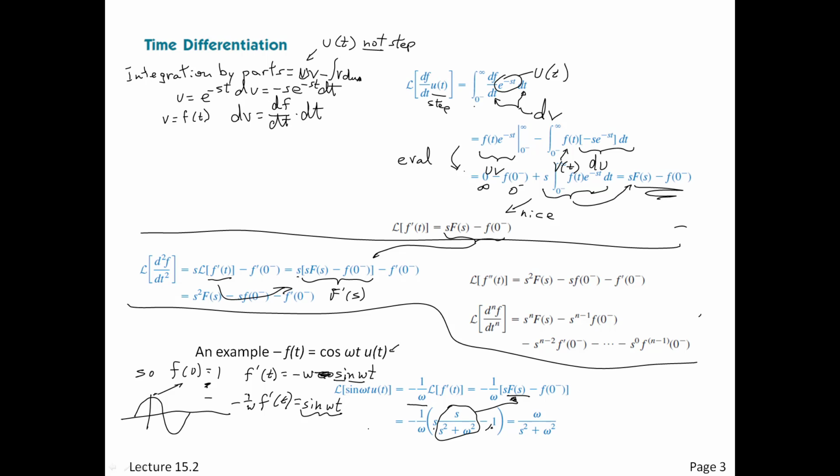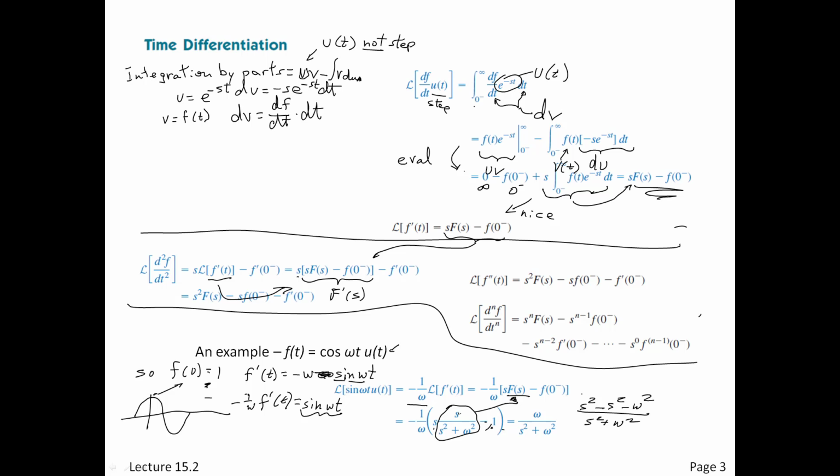-1 over omega. If I expand all this, I get what? The numerator becomes s squared minus s squared minus omega squared, and the denominator will be s squared plus omega squared, right?